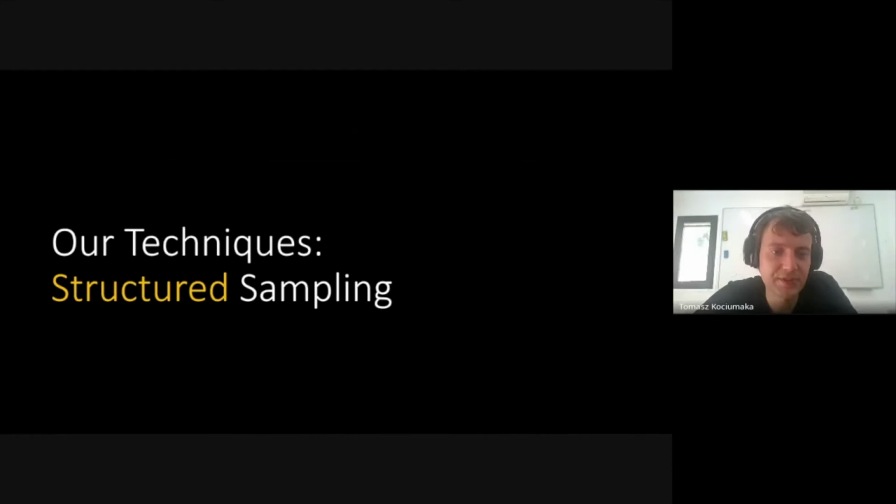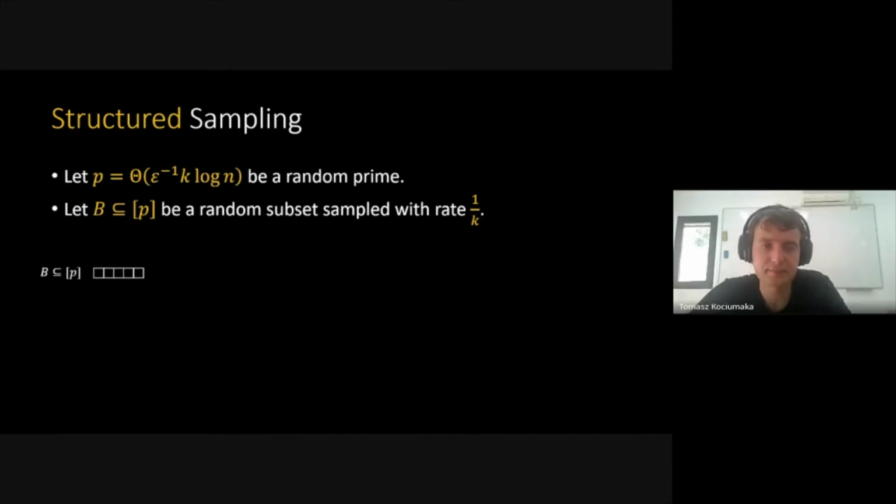So our main contribution is that we make sampling more structured. And the structure is as follows. We have an auxiliary parameter P, and this P is a random prime number of size roughly epsilon to the minus 1 k log n. And instead of sampling among the positions between 0 and m minus 1, we just sample from 0 to p minus 1.